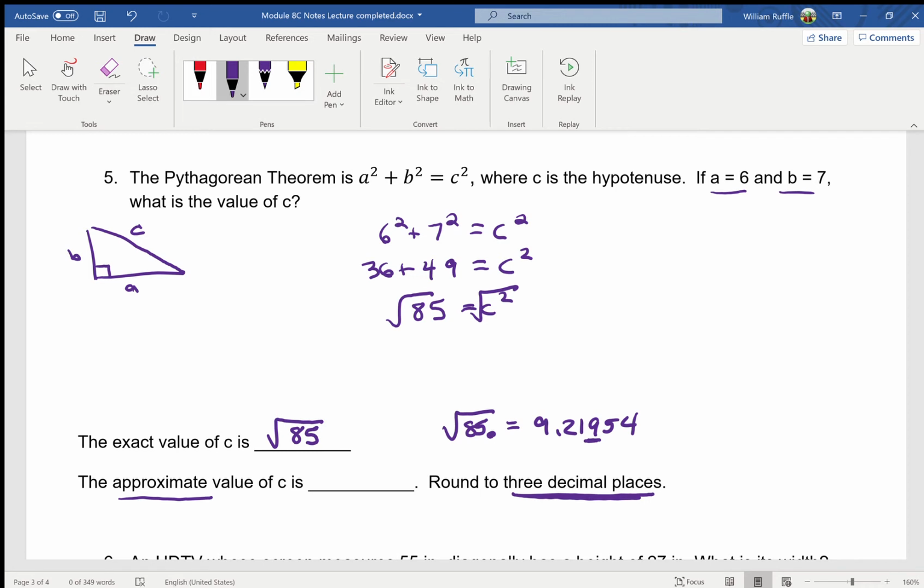Oh, and I have the annoying rounding, don't I? There's a 5 here, so I got to round that 9 up, but you can't round a 9 up, so then I got to put the 1 there, round that up to a 2. So it's really 9.220. And that's rounded to the nearest thousandth or 3 decimals.